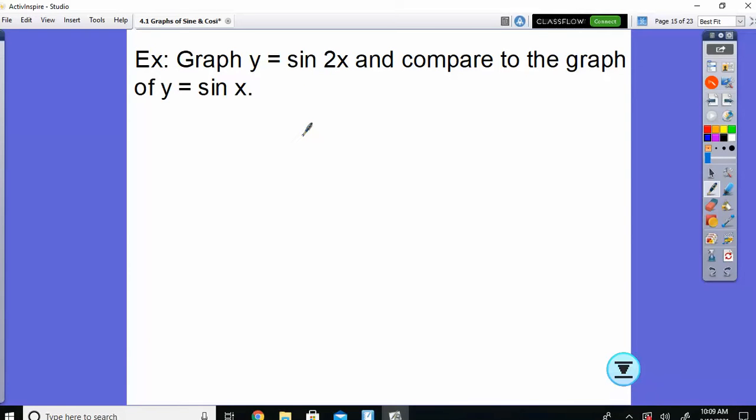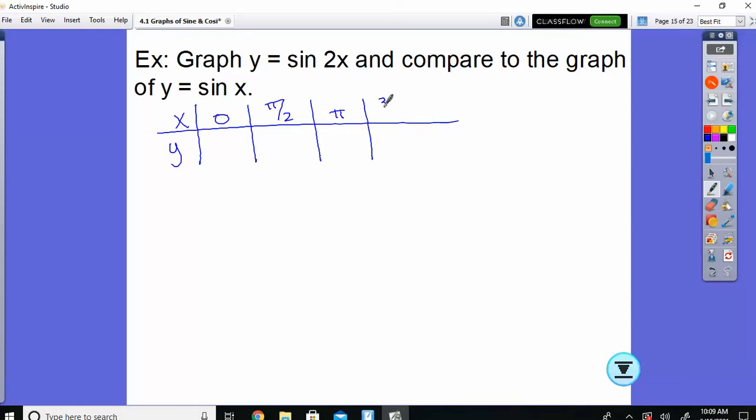Let's look at what happens if I put a 2 on the x itself. So if I make my t-chart: if I put in a 0, 2 times 0 is 0.